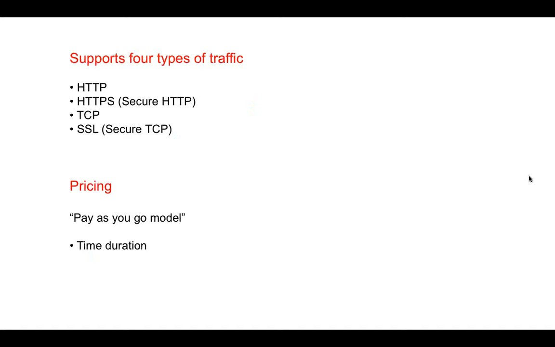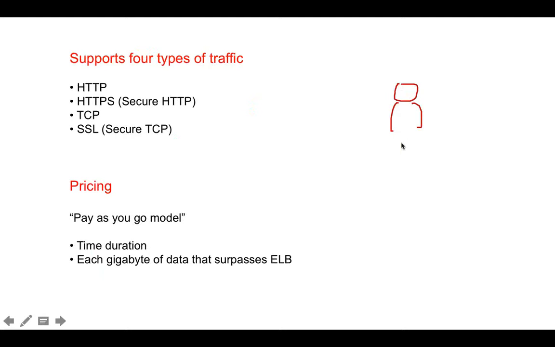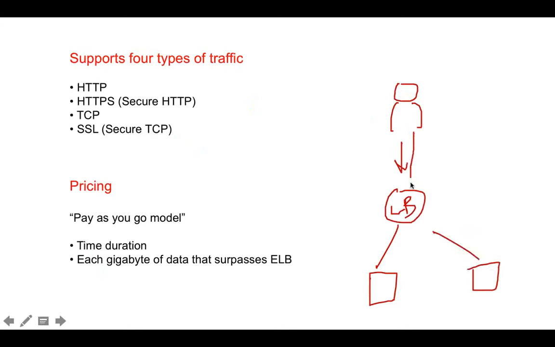So you pay the hourly charges for the load balancer, and you also pay for each gigabyte of data that surpasses the load balancer. You might be wondering what each gigabyte of data that's surpassing is. So if this is a user and he's sending the traffic to the load balancer, this load balancer is distributing the traffic to other instances. So the user will send the traffic through the load balancer and it will reach your instance.